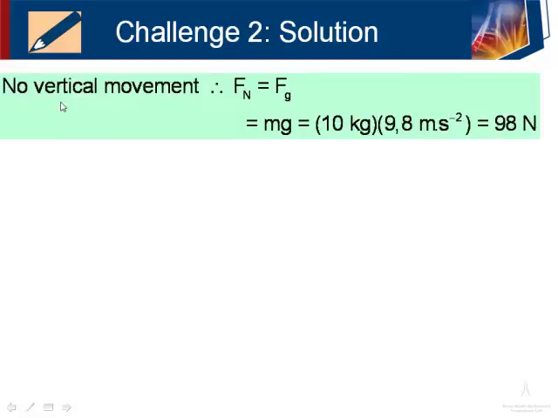Looking at the vertical movement, there's no vertical movement, and the Fn equals Fg, and you can calculate mg as 10 kilograms, the mass of the box, times g, 9,8 meters per second squared, and we therefore get 98 newtons.